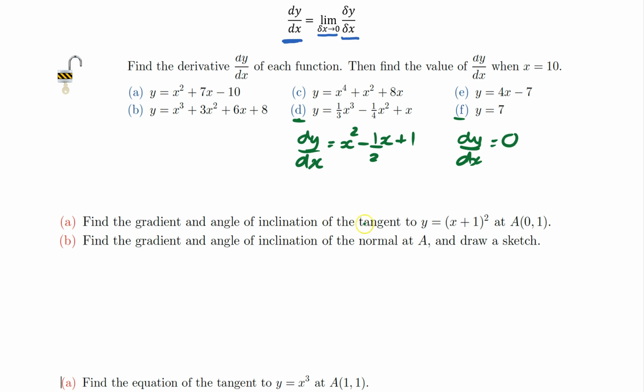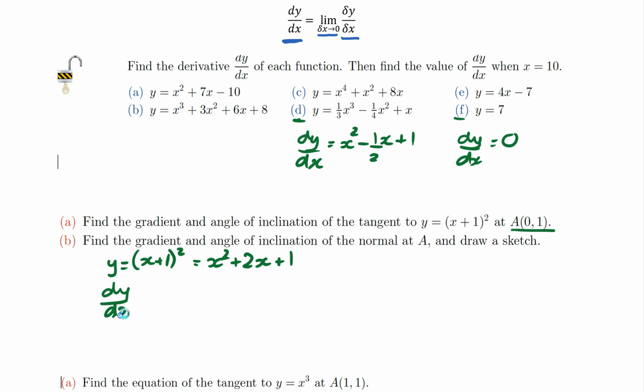Now, our next question: find the gradient and angle of inclination of this tangent at this point. So if we first of all take y equals (x plus 1) squared. Later on we will have a rule which will let us do this in one hit, but at the moment all we can deal with is separate terms. So remember our expansion of the square: square of the first, twice the product, and square of the second.